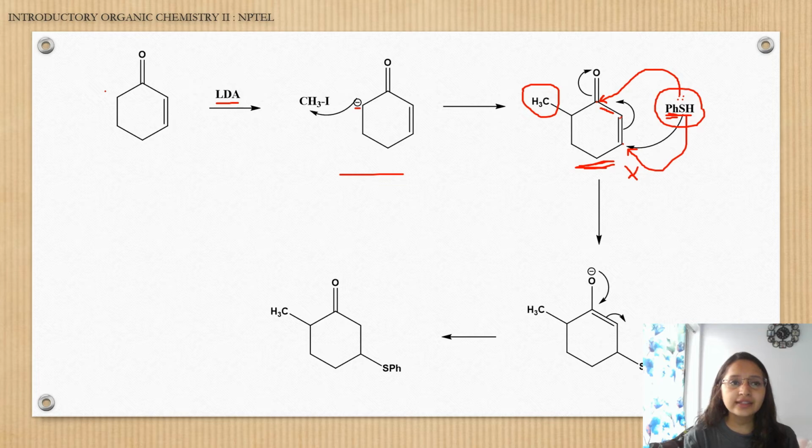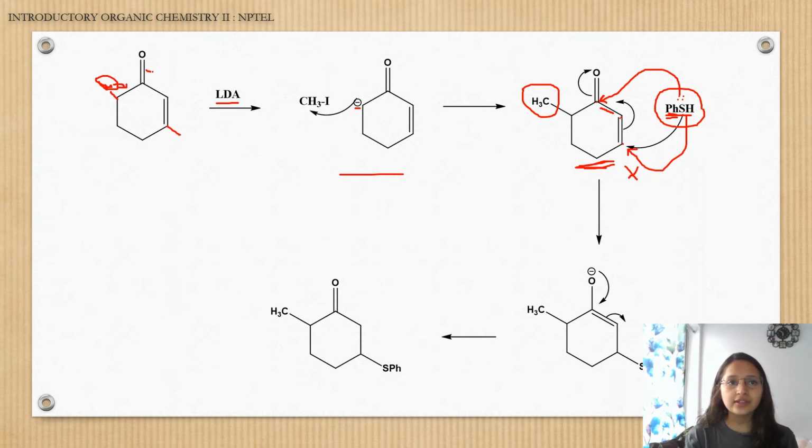So which is the more acidic proton you have to look at? These protons and these protons. This particular CH2 and this CH proton are acidic in the system. So there is a competition over which proton is getting abstracted by the LDA. If you abstract this proton from this side, then the carbanion which is getting generated is delocalized in the system.